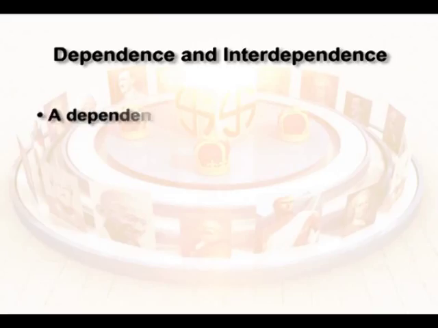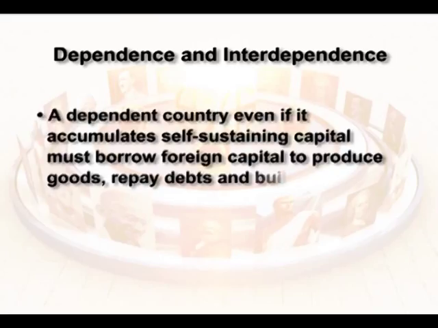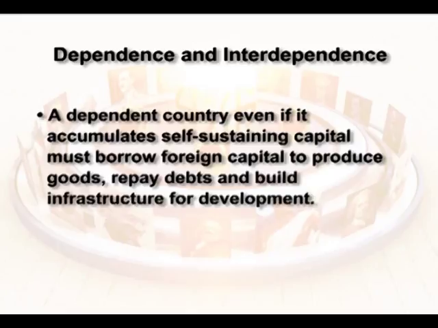In Latin American countries, it has been seen that the nation's own capital was not adequate enough for its overall economic development. A dependent country, even if it accumulates self-sustaining capital, must borrow foreign capital to produce goods, repay debts, and build infrastructure for development.